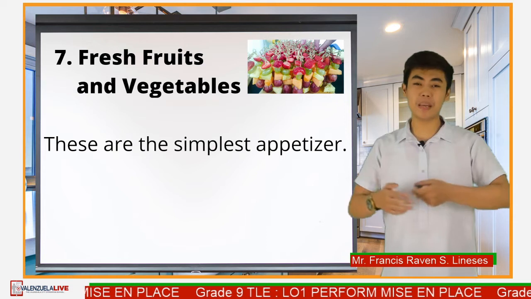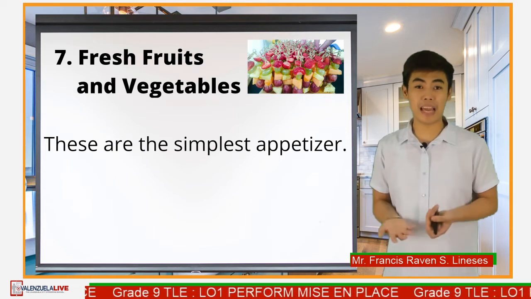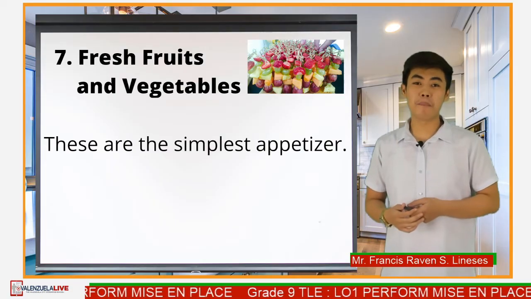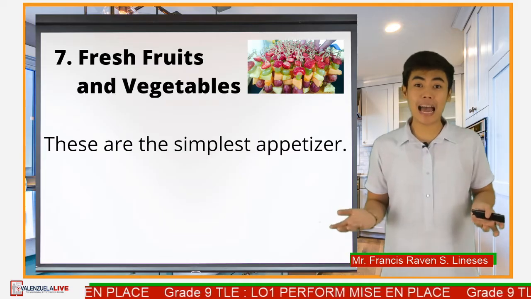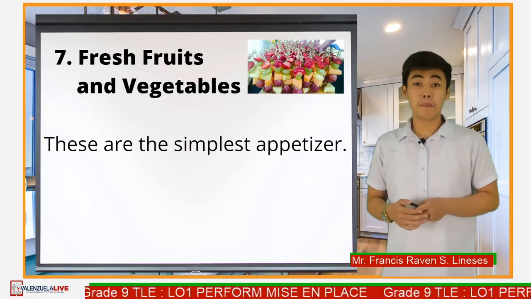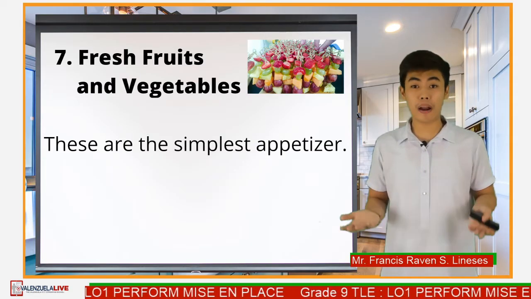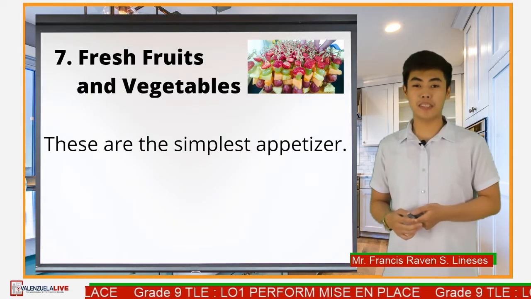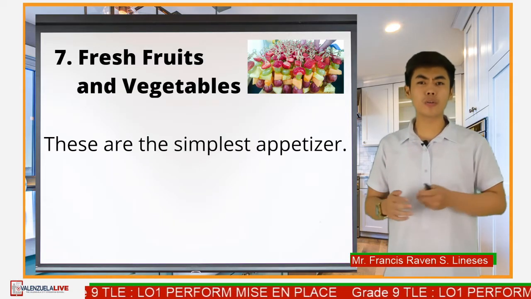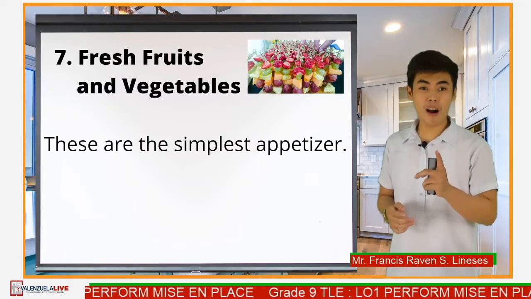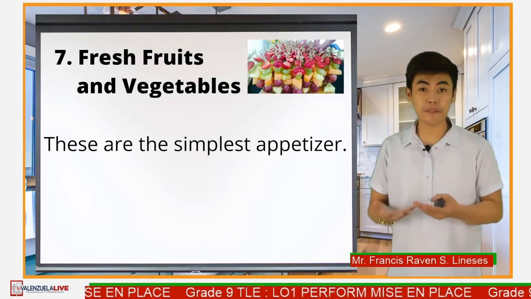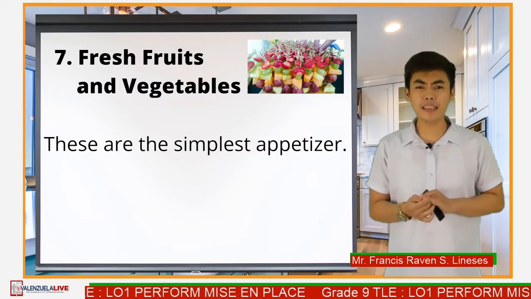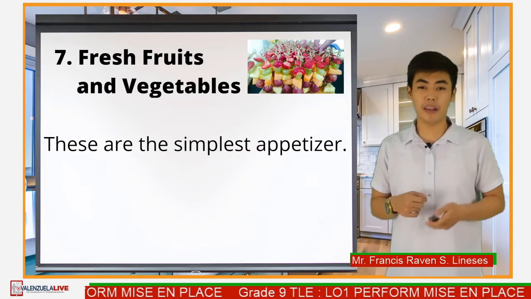The seventh classification of appetizer is the fresh fruits and vegetables. It is called the simplest appetizer because of the way it is prepared and the ingredients needed to make it. Fruits are good appetizers because they give an attractive appearance, fragrance, appealing taste, and delicious flavor.